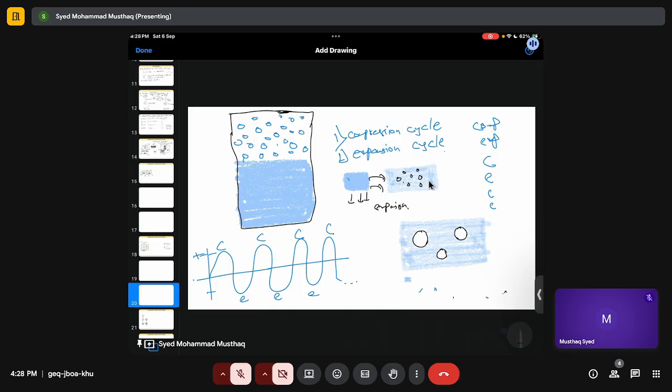So whenever you have voids, then there is a formation of bubbles. Right? What do you mean bubble? Bubble is nothing but gas. So you have these gas molecules. So whenever you have an expansion, there is a formation of gas molecules. And again, whenever you have a compression, these gas molecules will combine.